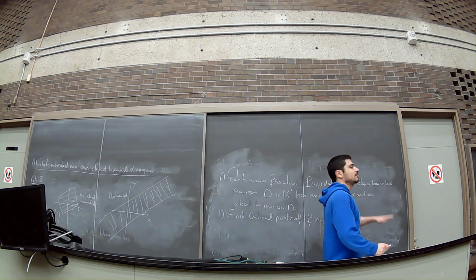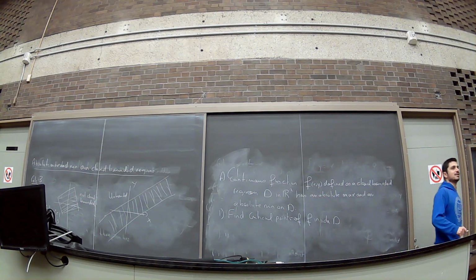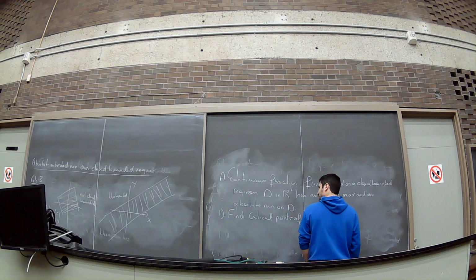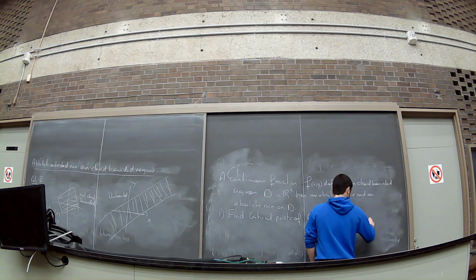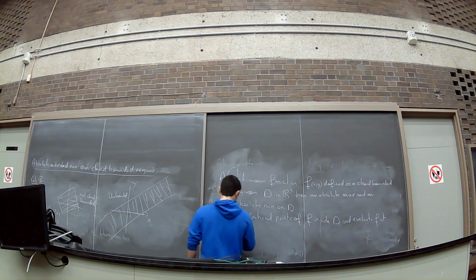Anyways, that's fine. If you get a point on the boundary, I'll just close my eyes. Let's hope that you don't. Critical points of F inside D, and evaluate F at each of those points.